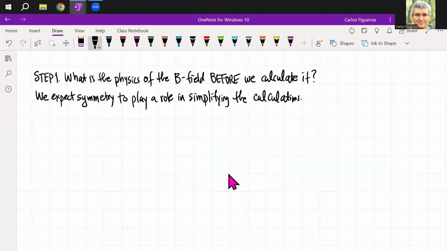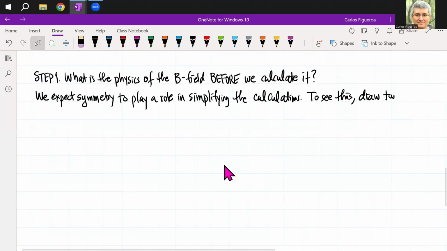And we've done this numerous times already with electric fields. So to see this, draw two symmetric current elements or segments.